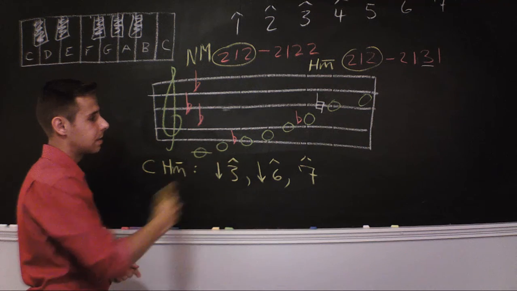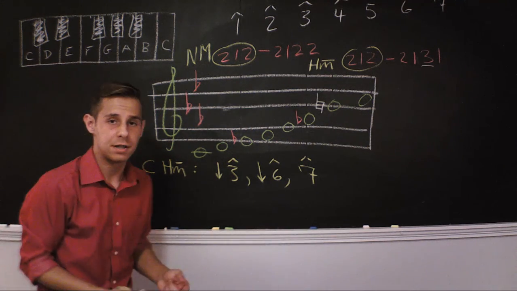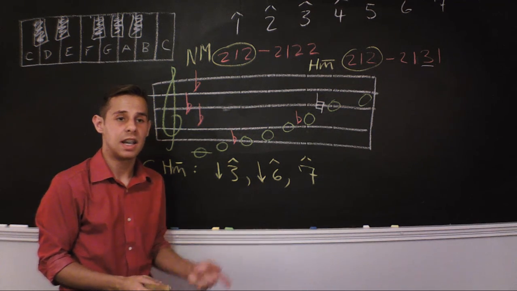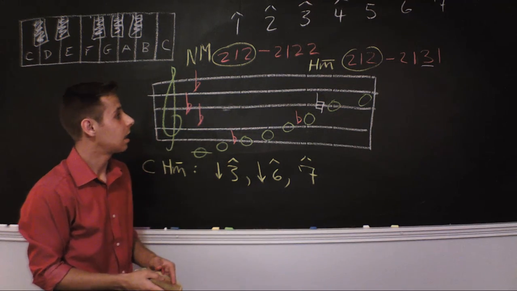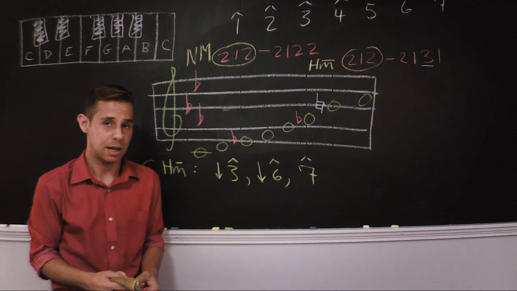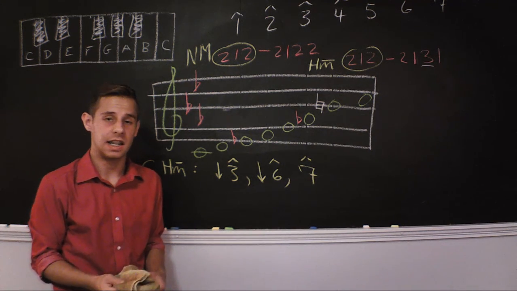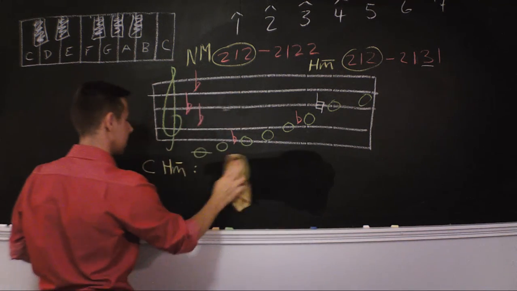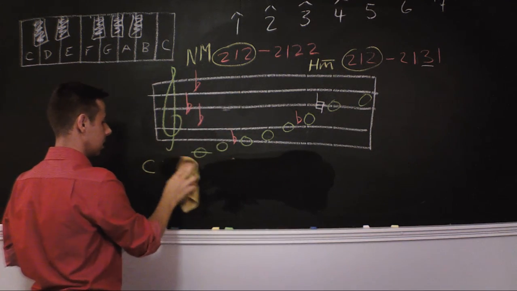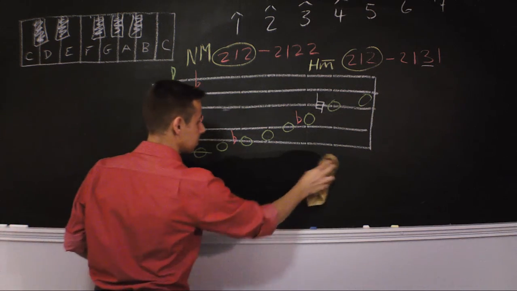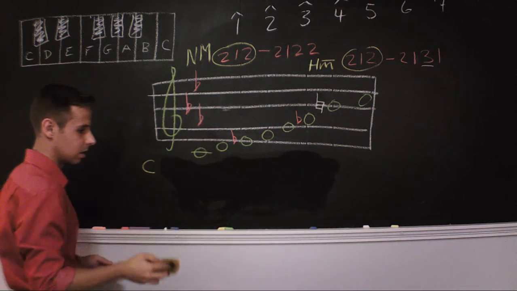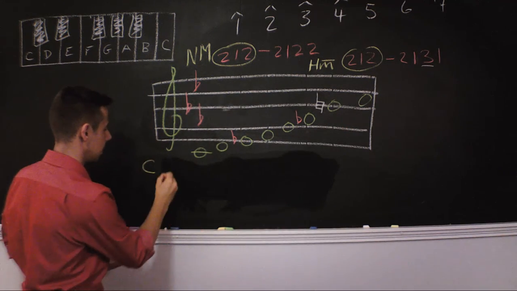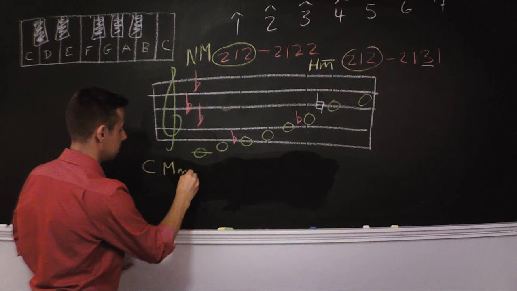Now, for all of these so far, major, natural minor, and harmonic minor, the scale has been the same ascending and descending. The last scale that we have, the melodic minor, is different descending than it is ascending. So we're going to start off. Alright. So we have C, and we'll call this melodic minor.